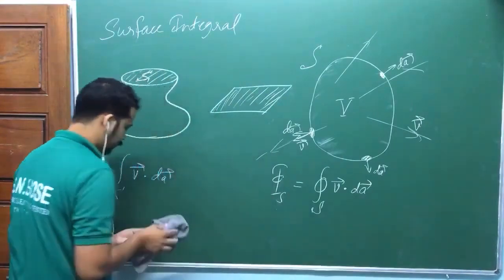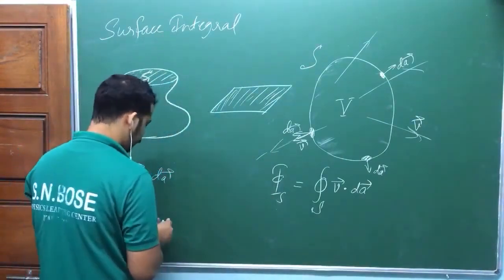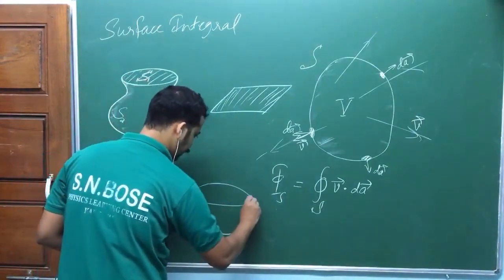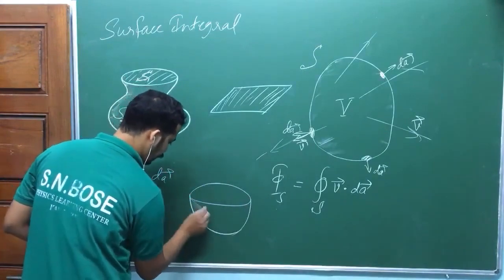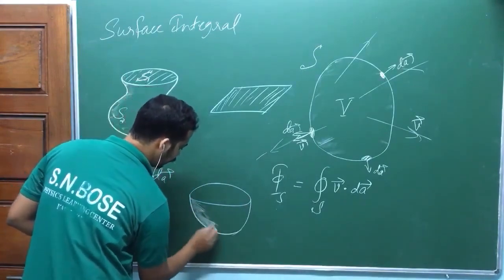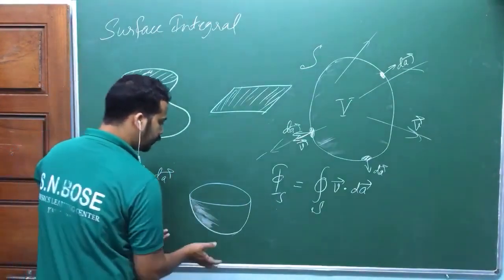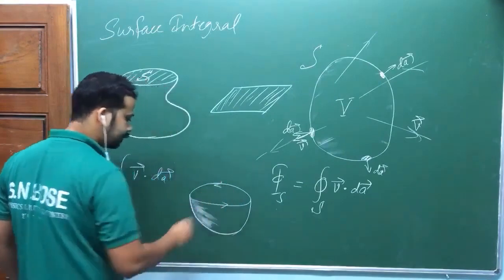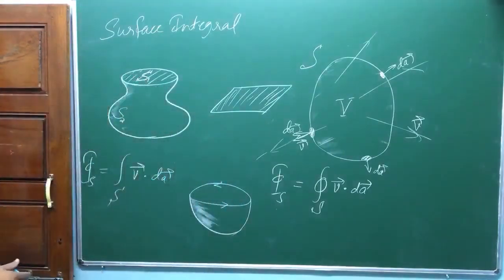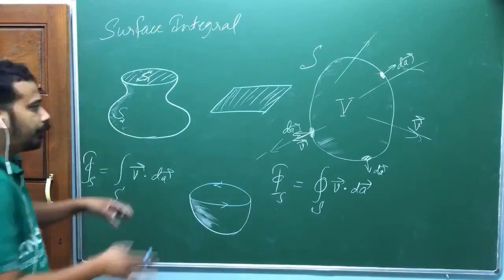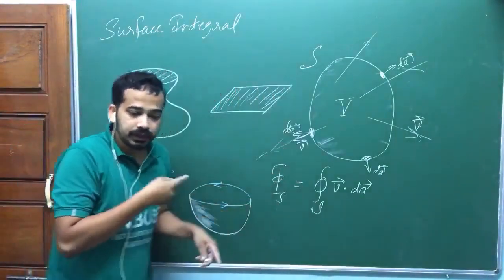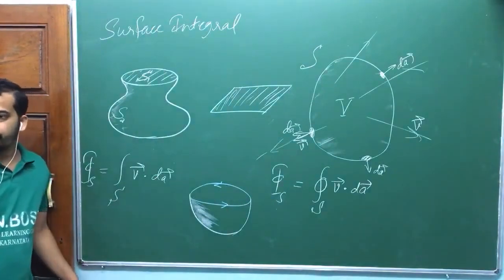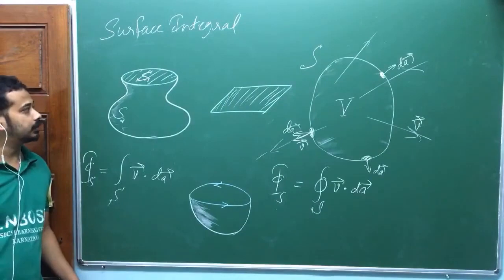You have a hemisphere, and the boundary of that surface is a circle, isn't it? That's why the boundary of any open surface is a closed path.